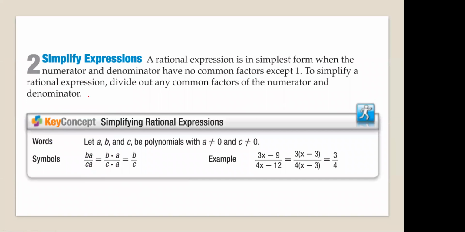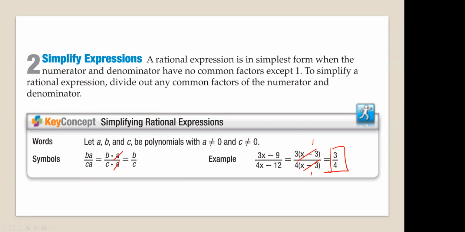You factor that a out and you're left with b over c. Over here, they have a common factor of 3. We factor out that 3 and we're left with x minus 3. Here they have a common factor of 4. So you factor out that 4, and you have 4 times x minus 3. So x minus 3 over x minus 3 is 1, and you're just left with 3 over 4.